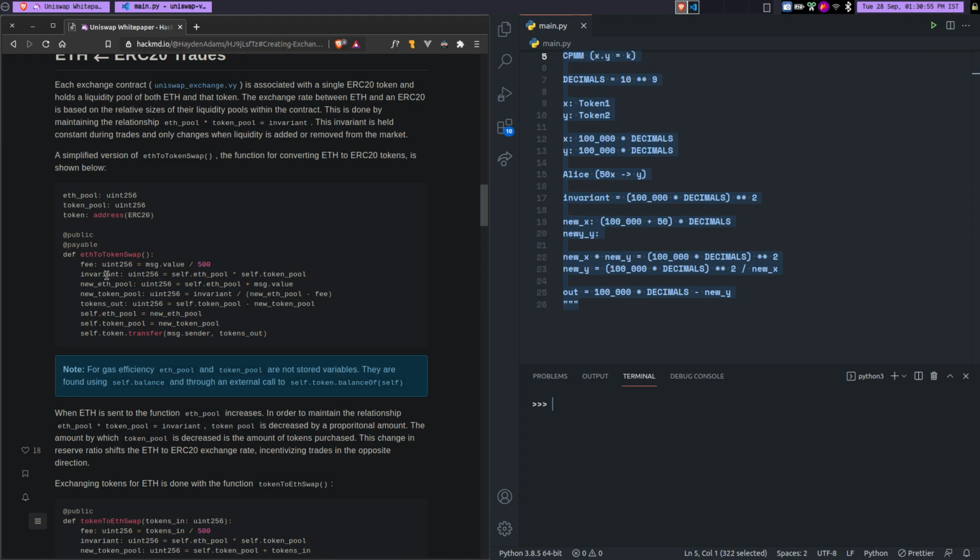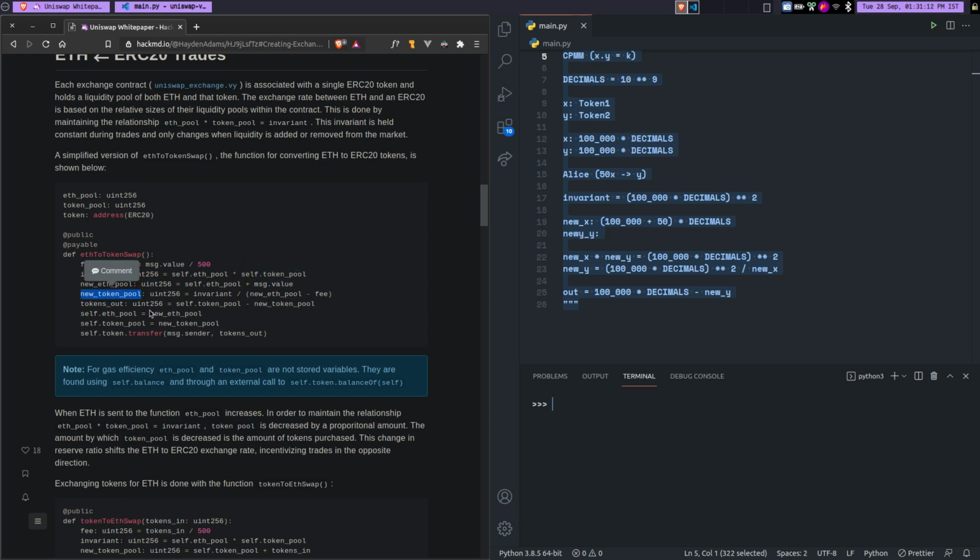Then what they are doing, you can see they're setting the invariant. This is the old invariant, and then they're calculating the new amount of ETH tokens, which would be the old ETH value plus the amount of ETH value that you are sending.